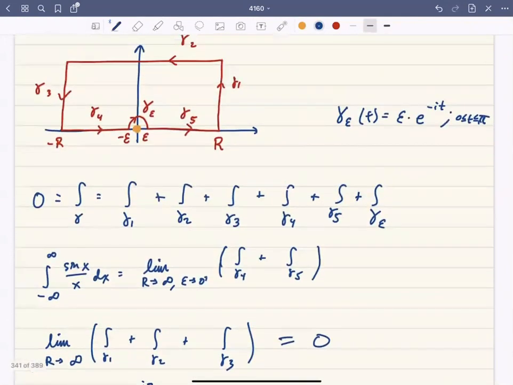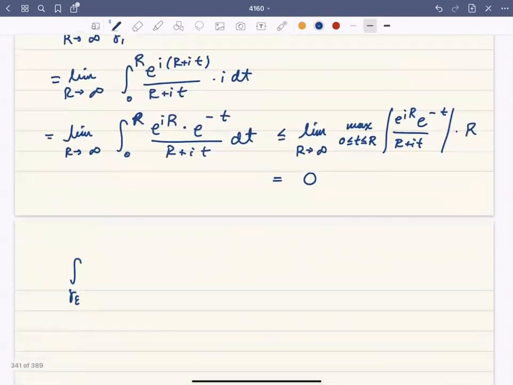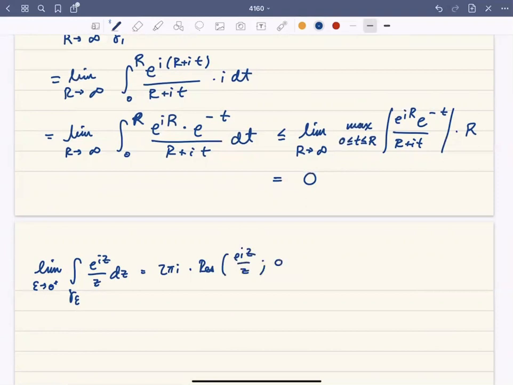And if you calculate the integral over gamma e, even though the residue is outside, we can't quite use the residue theorem. But if you apply the Laurent series expansion for our function, it turns out that the integral of e to the iz over z dz, as epsilon goes to 0, is going to be 2 pi i times the residue of this function, e to the iz over z, at 0.